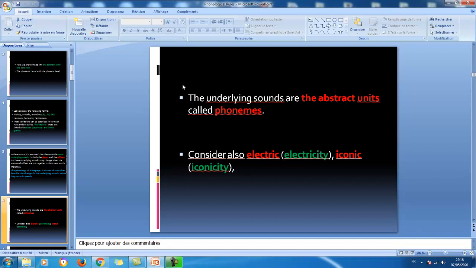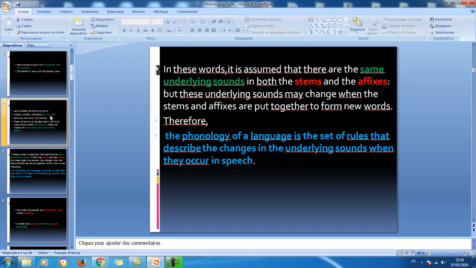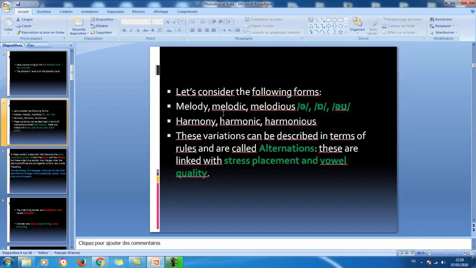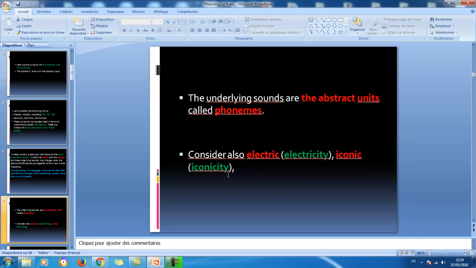We talked about cases like here melody, which becomes melodic, which becomes melodious, harmony, which becomes harmonic, which becomes harmonious. So we have got a change of the vowel in the stem here, just because it follows, as we said, the change of the stress, and of course we change the vowel quality in here. Now, here we have got a similar pattern, same thing here, but it's no longer the vowel. We are going to talk about the change in the consonant.